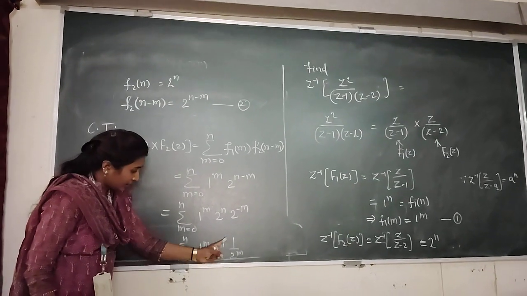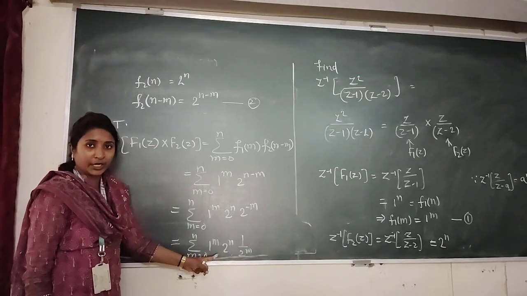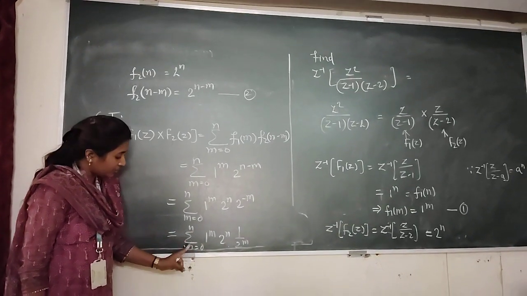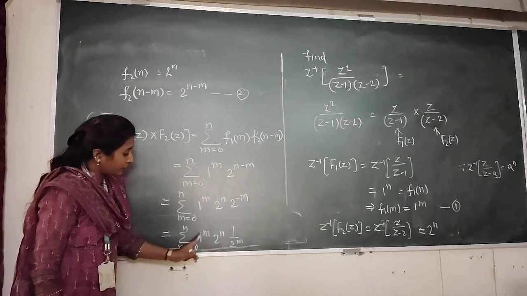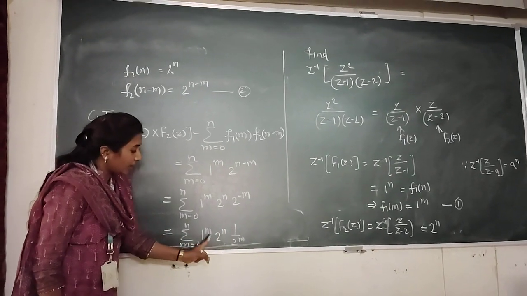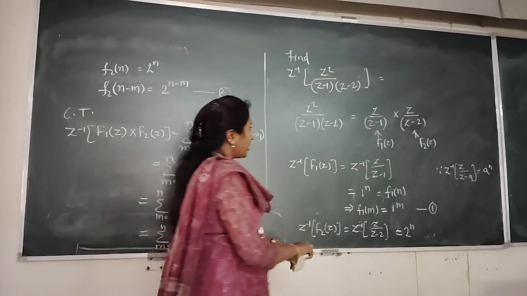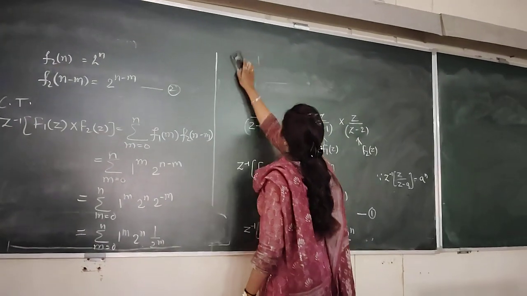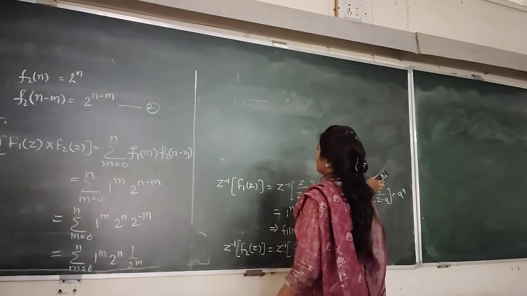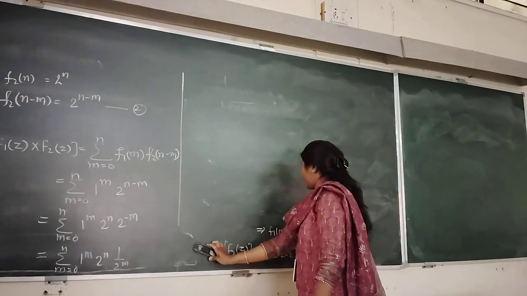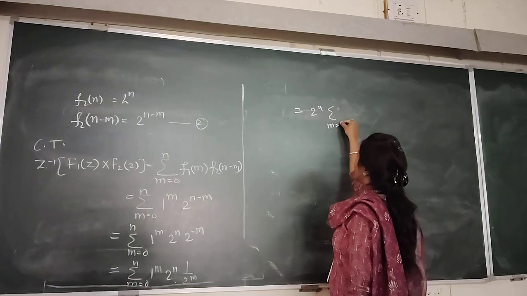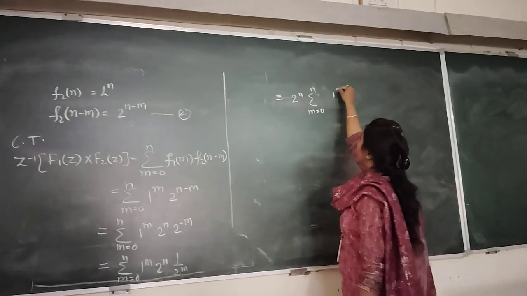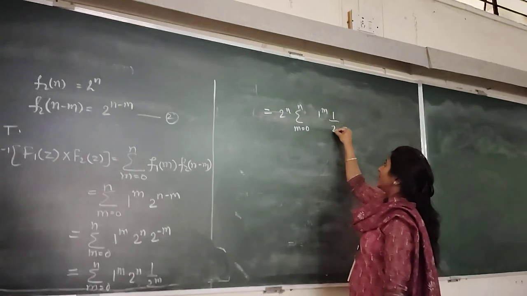2 raised to n we have as a constant. Why? Because summation is applying on m, so there is no role of 2 raised to n in this summation. We are taking it out. So 2 raised to n, summation m equal to 0 to n, 1 raised to m and 1 upon 2 raised to m.